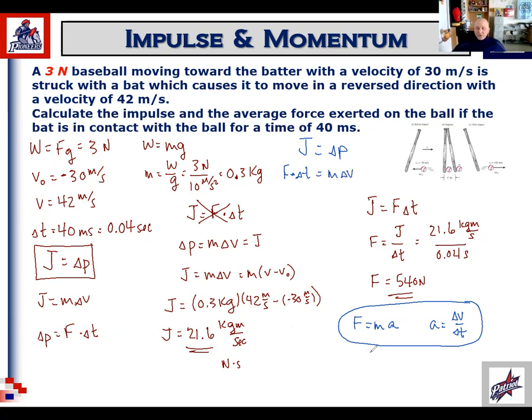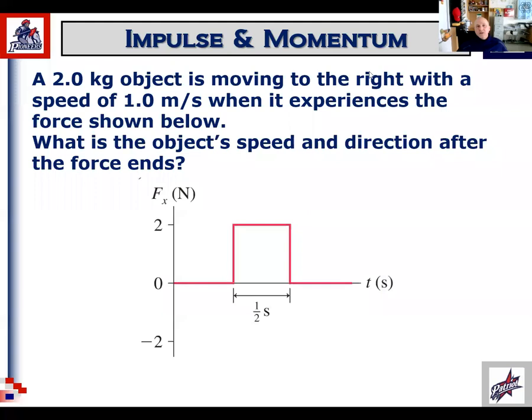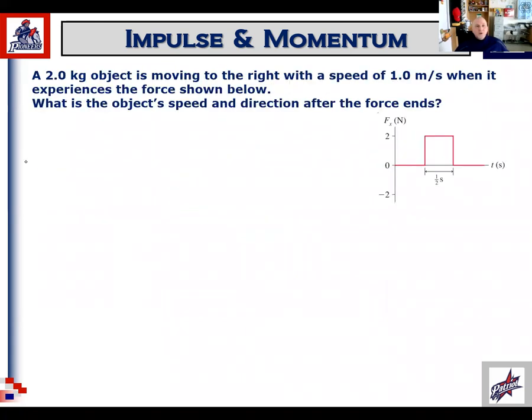So it's really just a different way to look at the same problems we've already done in the past. And tomorrow we're not learning anything new. We're just going to reinforce some of these and then play with the crash test dummy simulation.